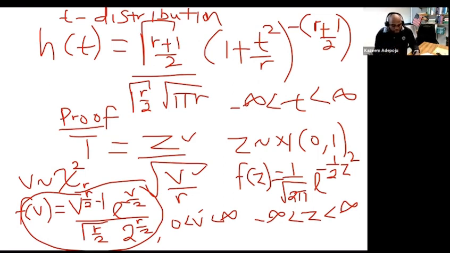Now, we have V and Z, which are random variables. I've already written their respective probability density functions. Now, what I'm basically going to do is use the fact that the two variables I talked about are independent.